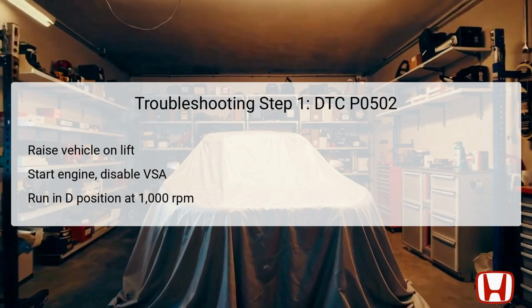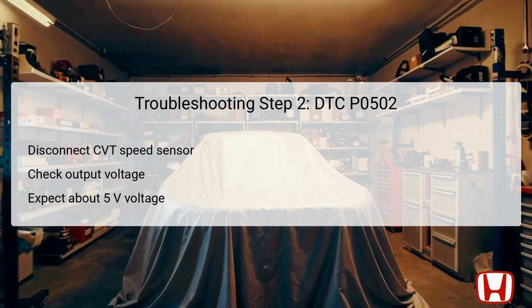This will prevent any interference during the diagnostic process. The vehicle should then be run in Drive D position with the engine speed maintained at 1000 RPM or higher. After ensuring that these conditions are met, the next step is to release the accelerator pedal for at least 4 seconds, allowing the wheels to slow down and come to a stop.